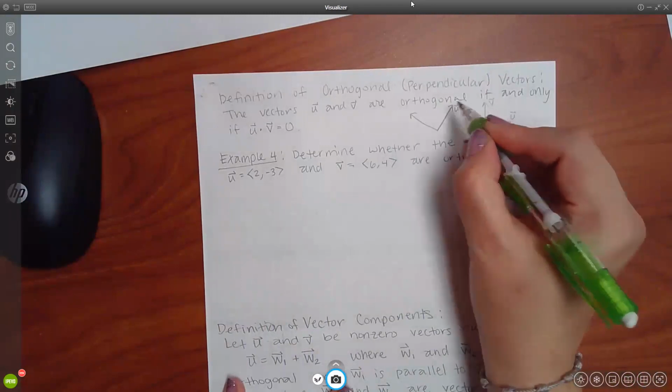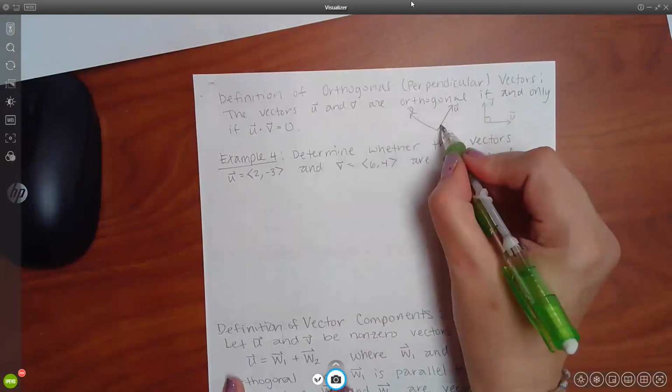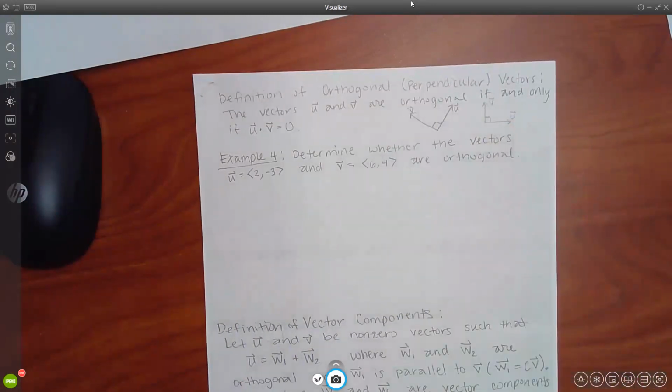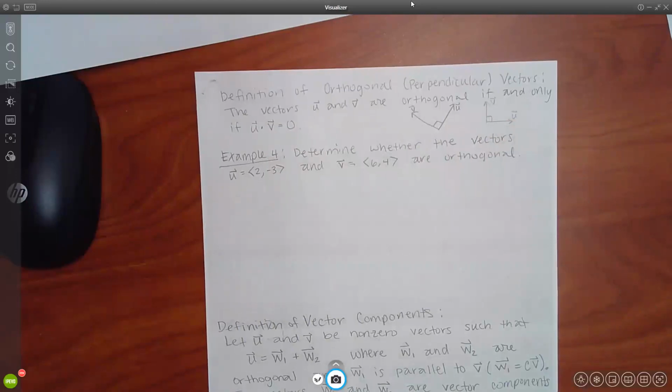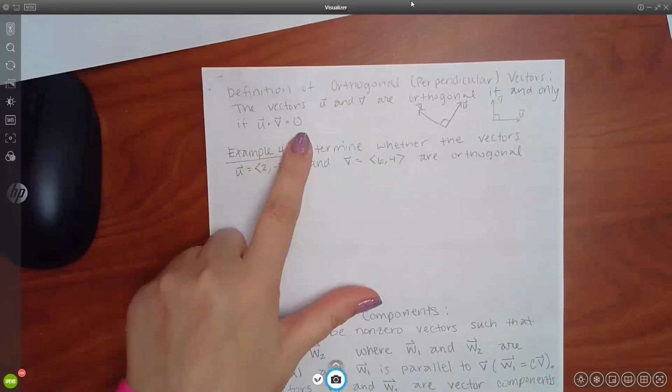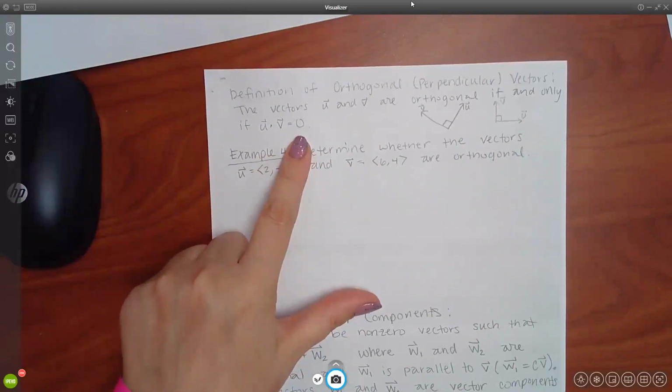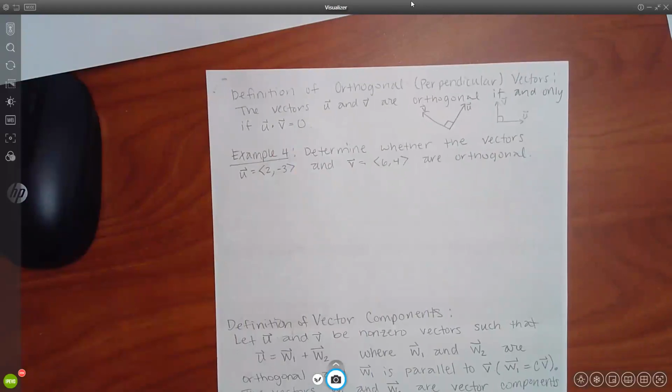If this is U and this is V, there might still be a 90-degree angle in between them, right? Does not matter how those guys are rotated. To know whether or not there's a 90-degree angle in between them, the dot product would have to come out to equal 0. Okay, so that's one quick way to decide whether or not they are in fact perpendicular.